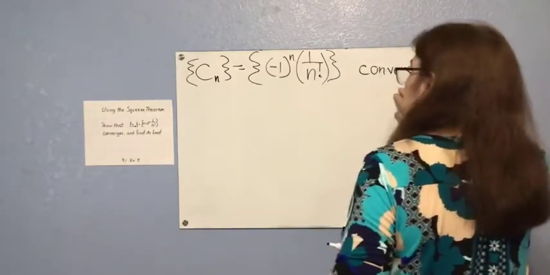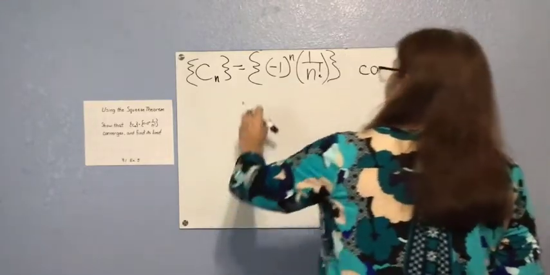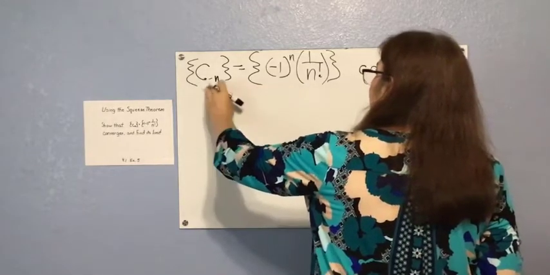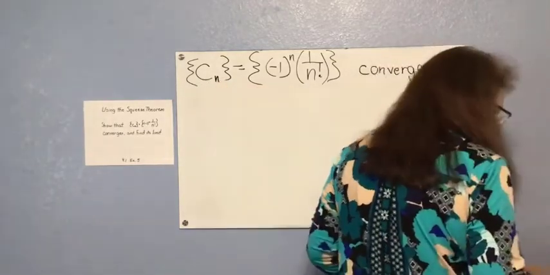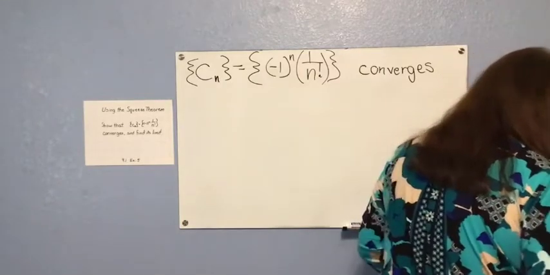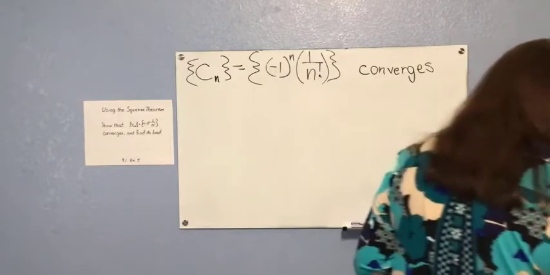To use the squeeze theorem, I'm going to have to find two functions that are related to c sub n. One has to be more and one has to be less.